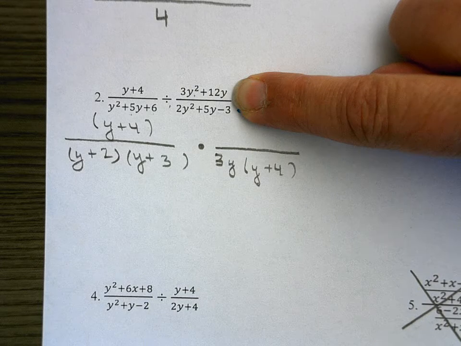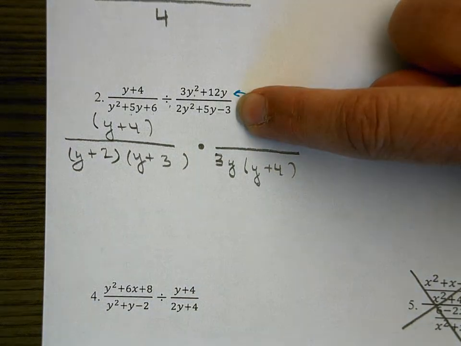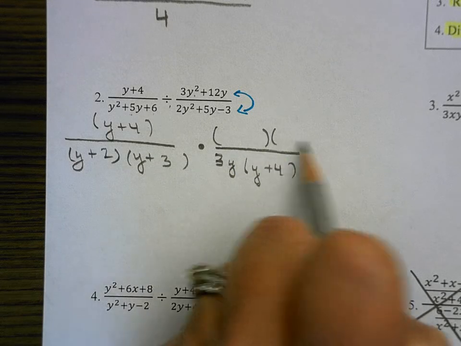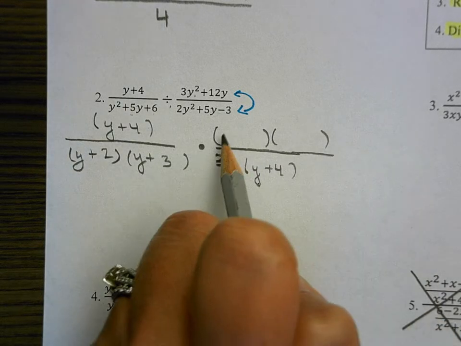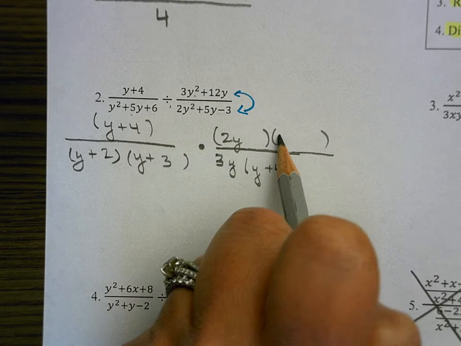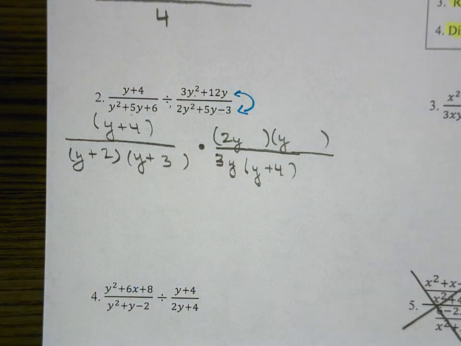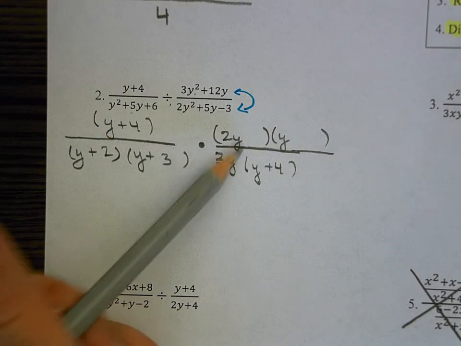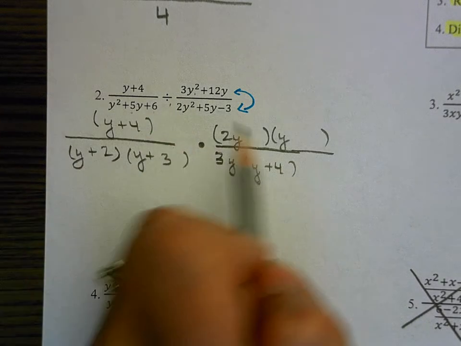Okay. And then the denominator is going to be guess and check. So to get a 2y squared, I have to use 2y and y. And then the only way to get a negative 3 is 3 and 1, but one of them has to be negative, right? So guess and check, but I'm going to have to check this time because of that 2 here, right? So I'm going to try 3 and 1.